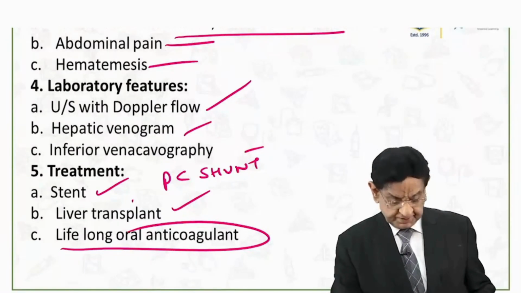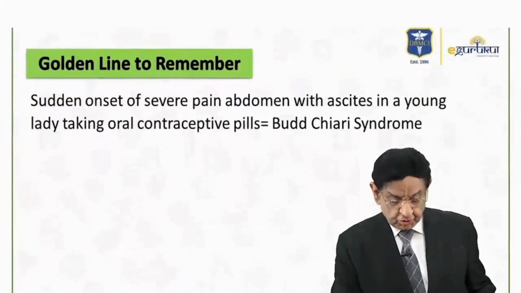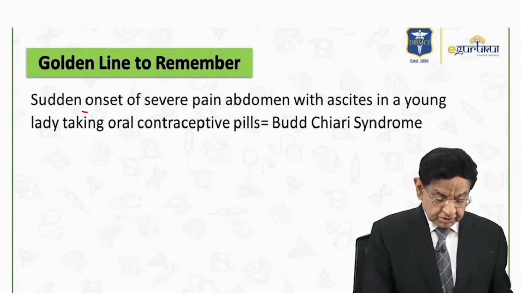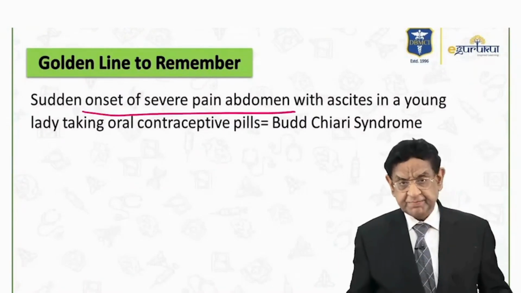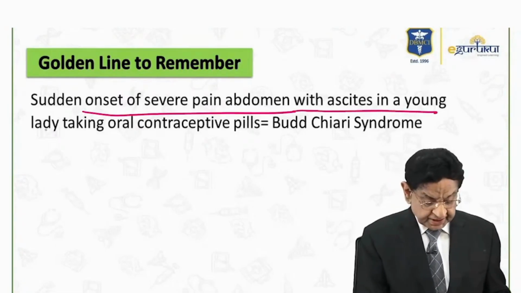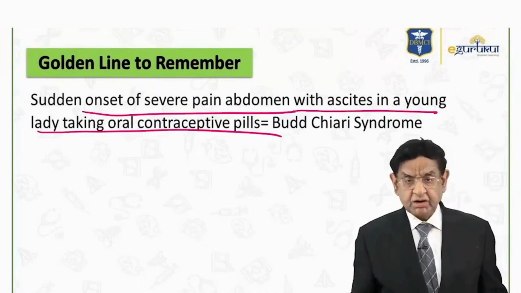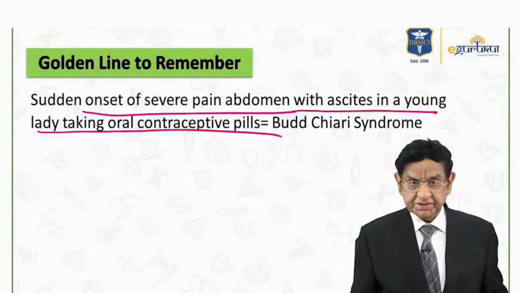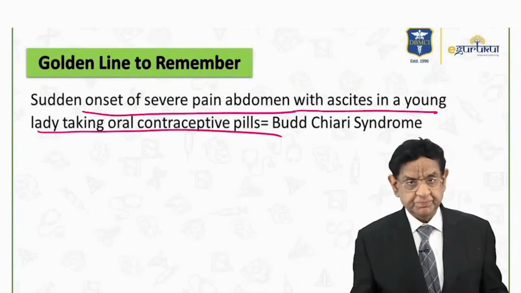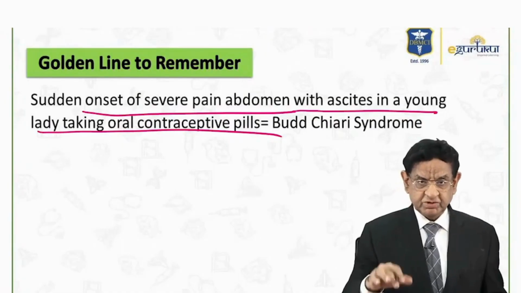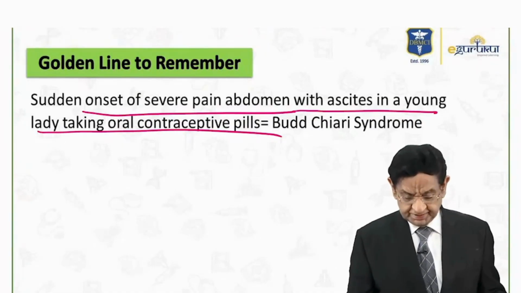This is the treatment. So golden line to remember: sudden onset of severe upper abdomen pain with ascites in a young lady taking oral contraceptive pills. This is Budd-Chiari syndrome. 99% your question will be based on this particular line only.